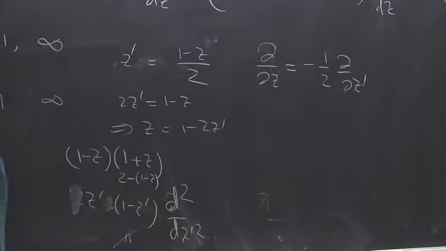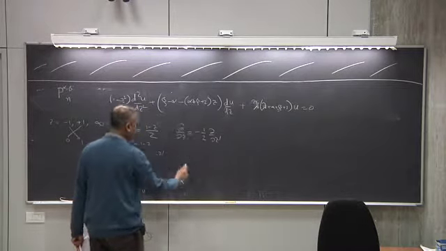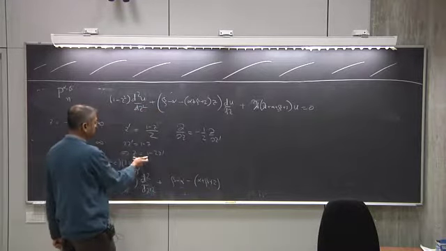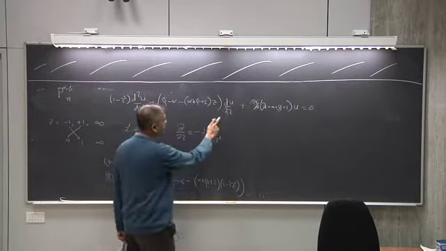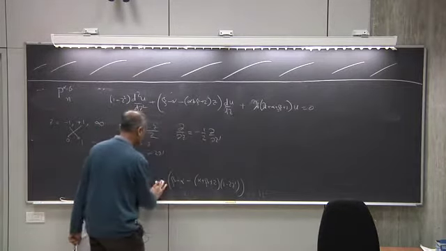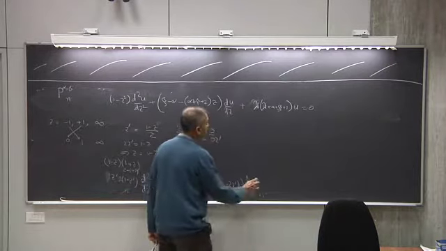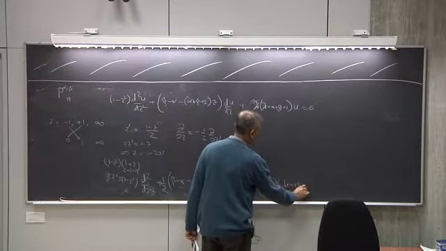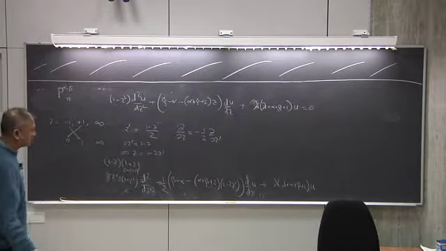Then here you'll get plus beta minus alpha, and then minus alpha plus beta plus 2 times z, which is 1 minus 2z prime. And then du by dz gives you -1/2, so this becomes -1/2 d by dz prime u. And then the last one remains as it is, plus lambda times u.